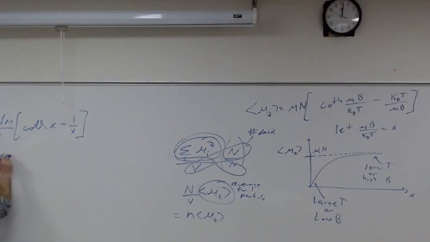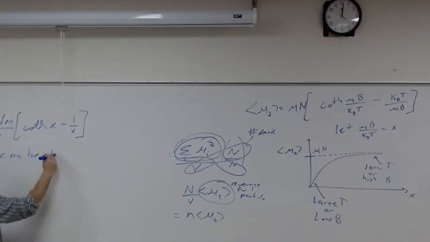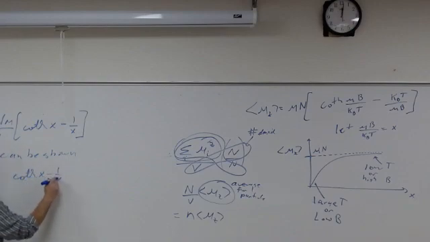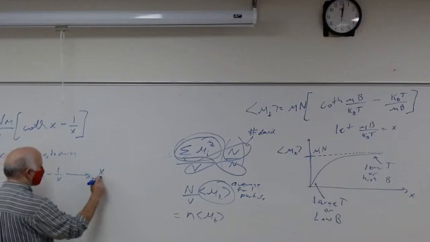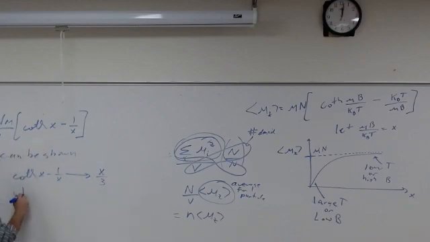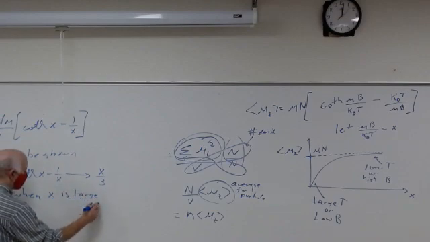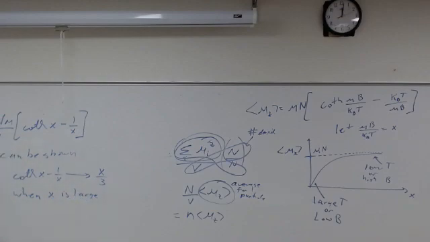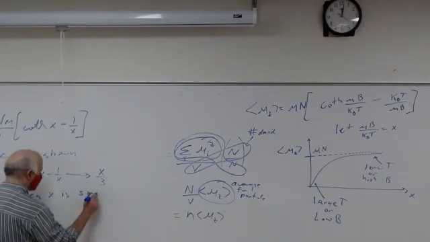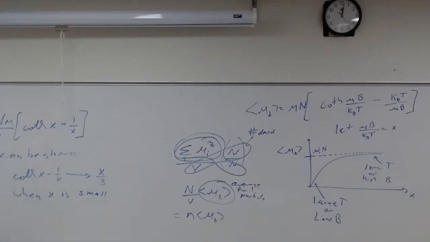It can be shown that hyperbolic cotangent of x minus 1 over x reduces to x over 3 when x is small, I'm sorry, when x is small. Because we want to do the large T thing.